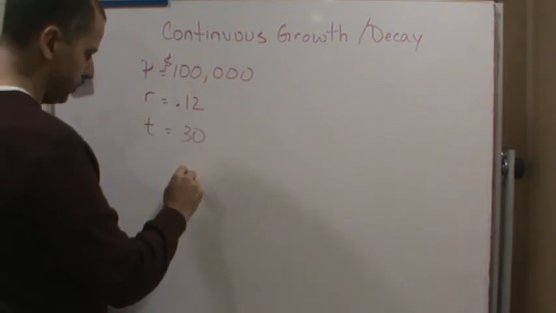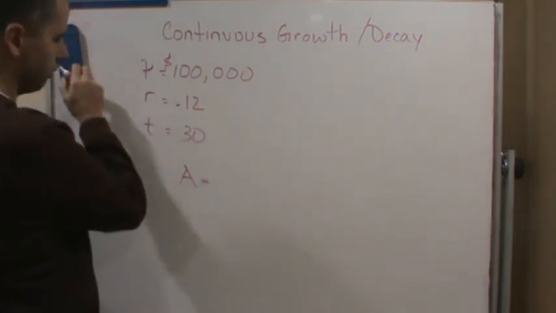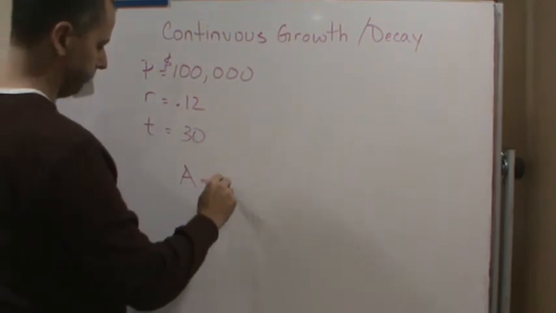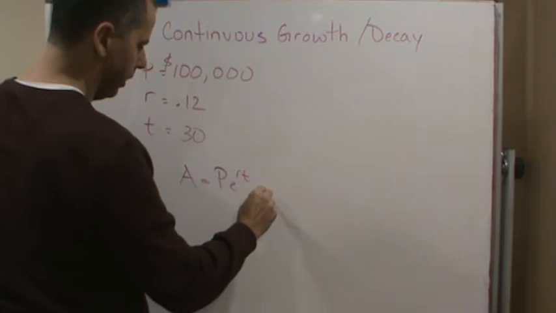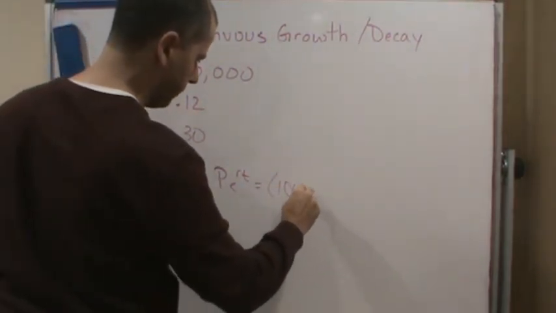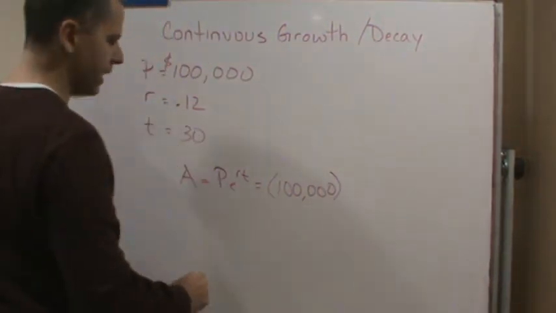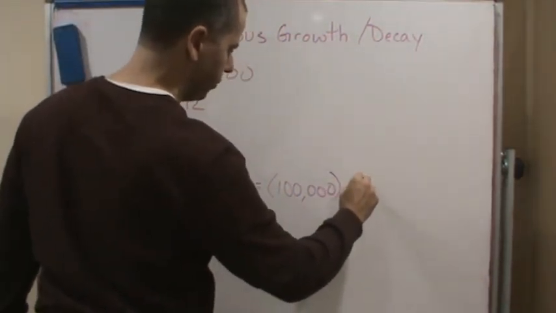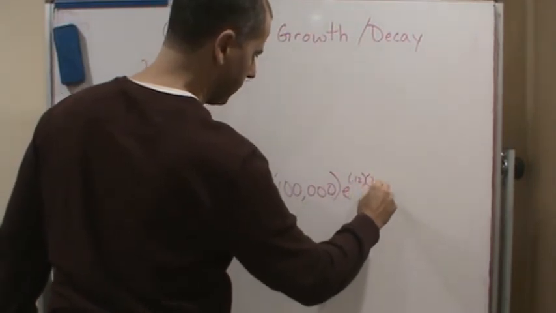So we're going to use A equals P times e to the RT. So this is going to be 100,000 times e to the 0.12 times 30.